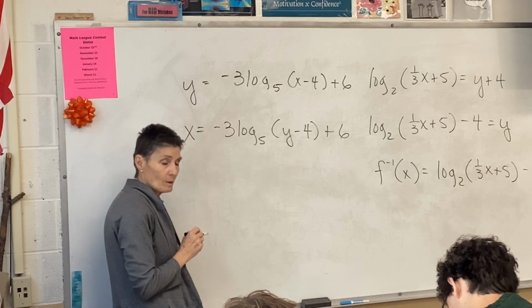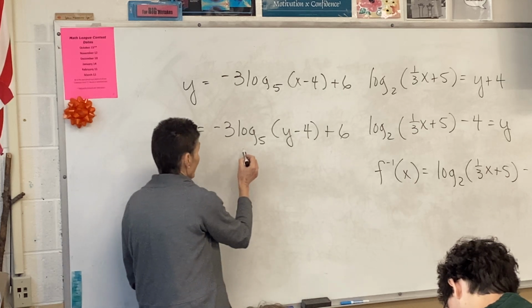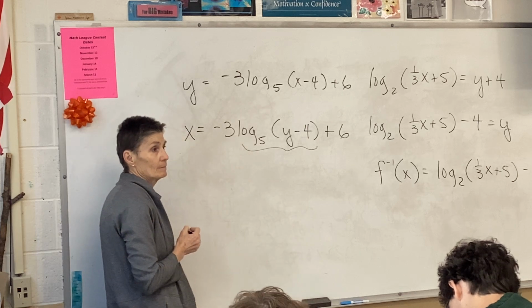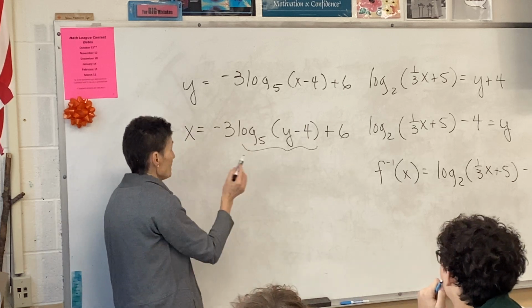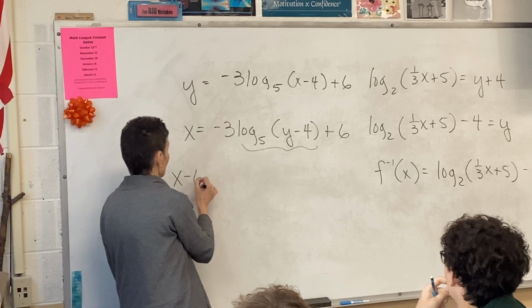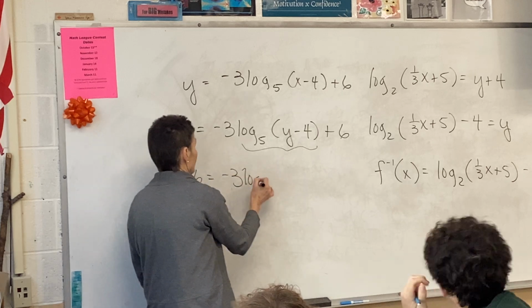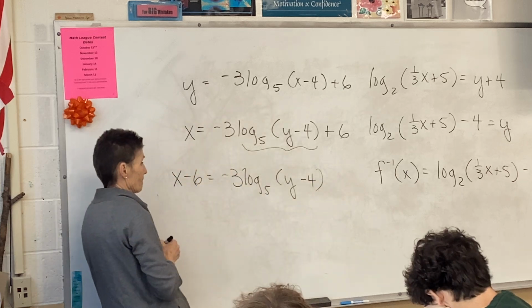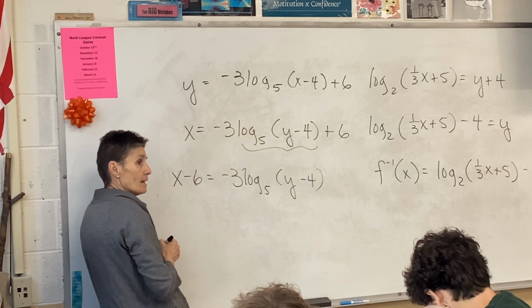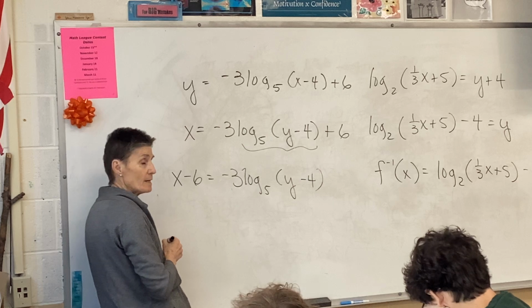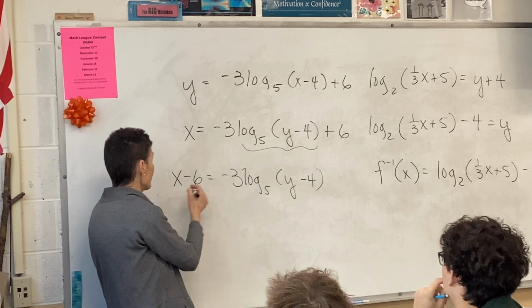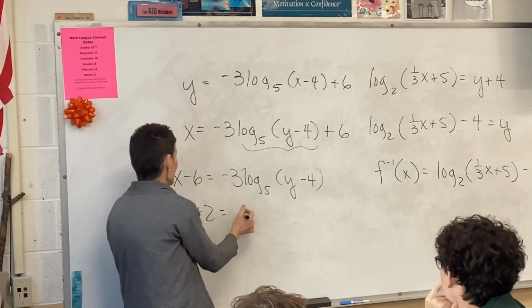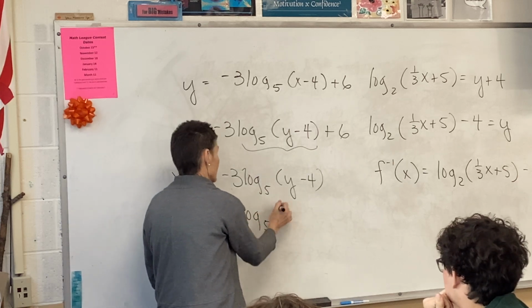Would you agree that maybe now we ought to try to get this part of the problem by itself? So maybe we'll subtract 6. And divide by -3, and you can either do that in one chunk, or I'm going to split it up. But you can do it in one chunk, it doesn't matter.